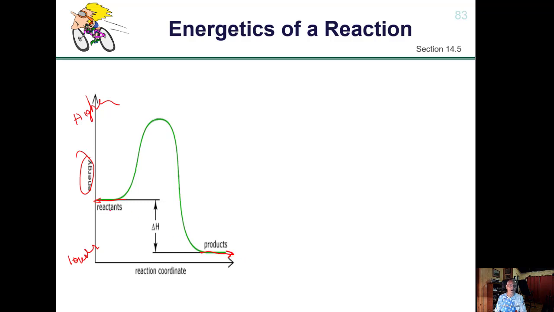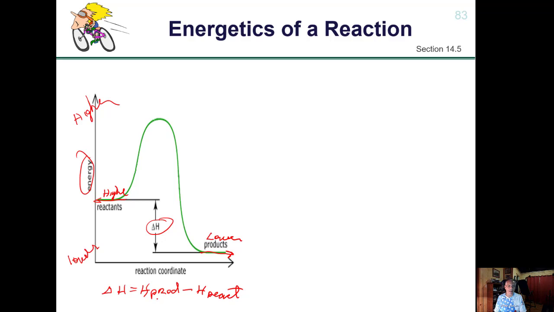The difference between reactant energy and product energy is what we call the change in enthalpy, or delta H. And you may remember from Chem 1, we calculate delta H as the enthalpy of the products minus the enthalpy of the reactants. In this particular case, we have a lower product enthalpy or energy than reactant.